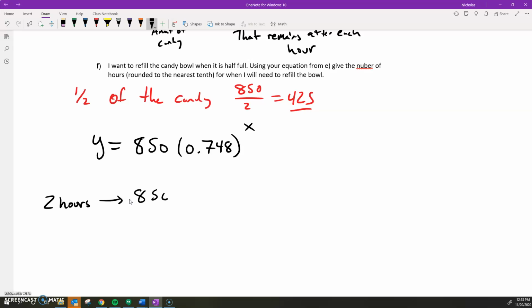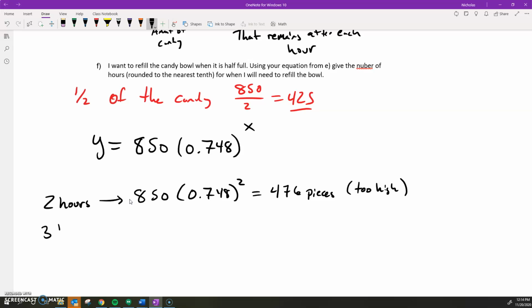And that will give us 850 times 0.748 to the second power. And that gives us 475 pieces of candy. Well, 476 rounded. That's too high, right?